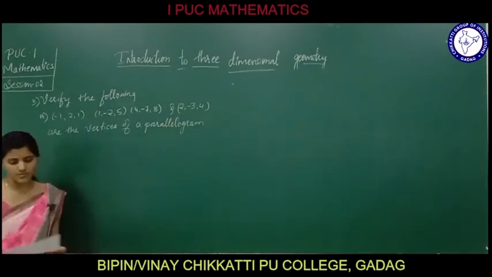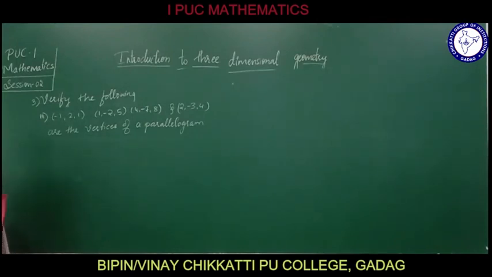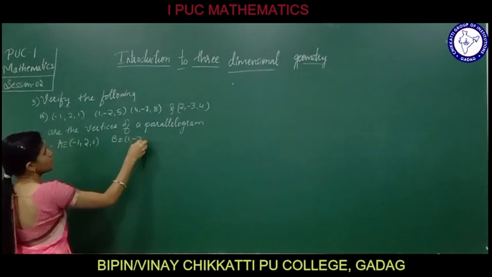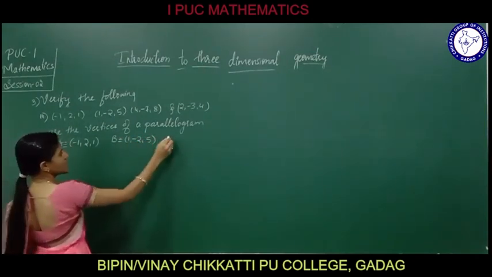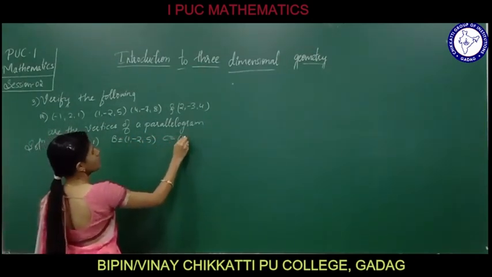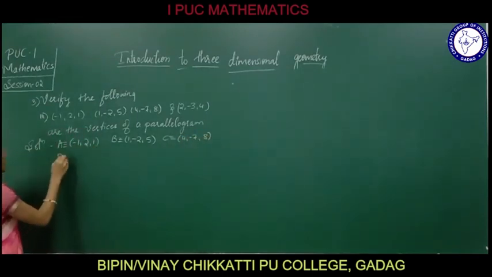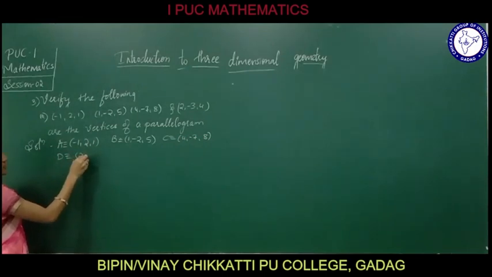We are supposed to show that these are the vertices of a parallelogram. Let us first name these points. Let us consider A as -1, 2, 1, and B as 1, -2, 5, and let C be equal to 4, -7, 8, and D be equal to 2, -3, 4.